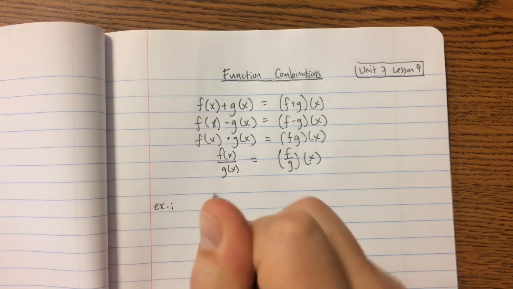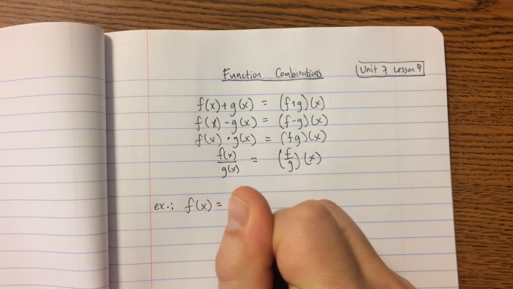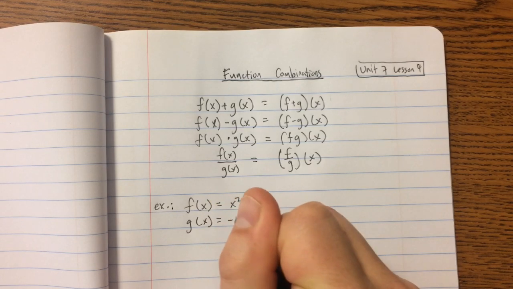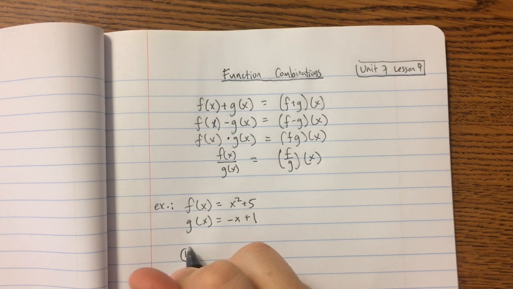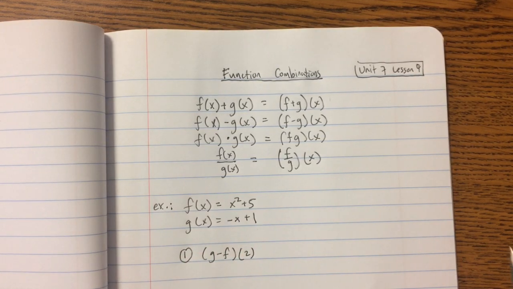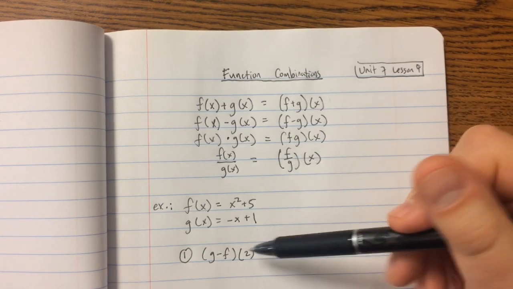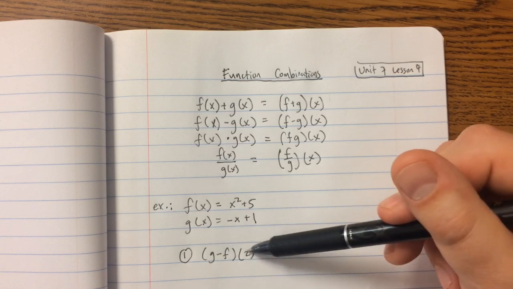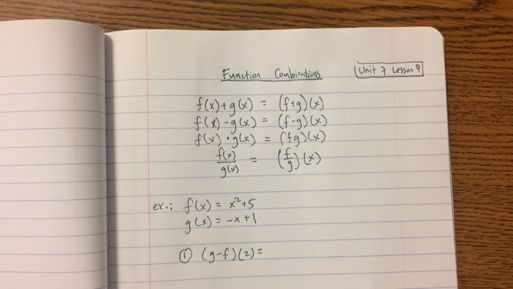So let's say you've got two functions, one of which is f of x and it equals x squared plus 5. And another one that's g of x, which equals negative x plus 1. And I want to find, let's start with g minus f of 2. I think the easiest way to approach this is going to be to evaluate each function when x is 2 independently and then subtract whatever those function values are.